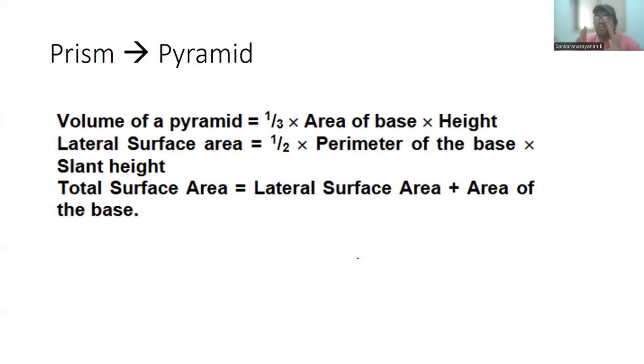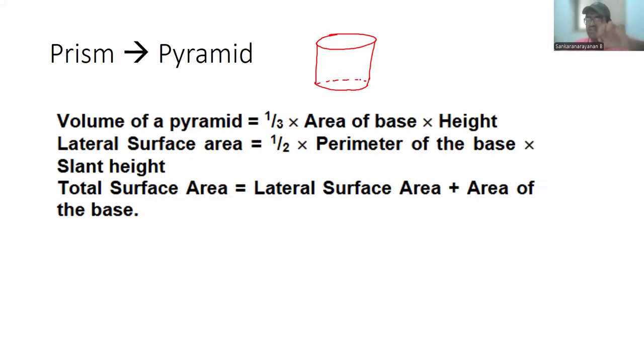Volume of a pyramid is always 1/3 the volume of the prism from which it is carved out. For example, consider this cylinder, right? From a cylinder, just imagine I carve out a pyramid. Cylinder is a prism.